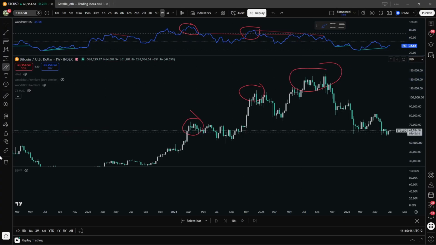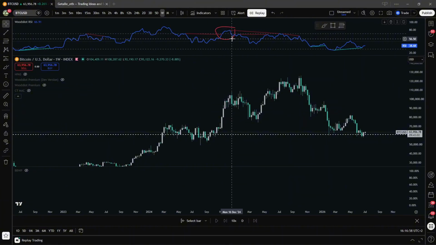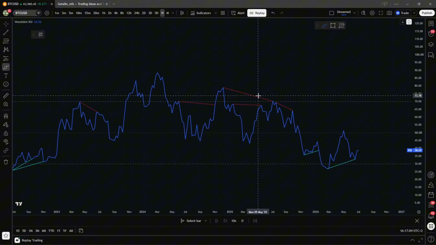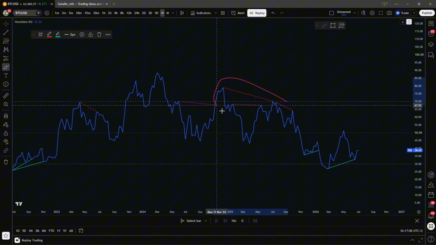And the Woodsbot indicator makes it especially easy, because usually you have to see the divergences yourself. You have to identify them yourself. But on the indicator, we can see them, right? With the red lines, we can see the bearish divergence displayed on the indicator.